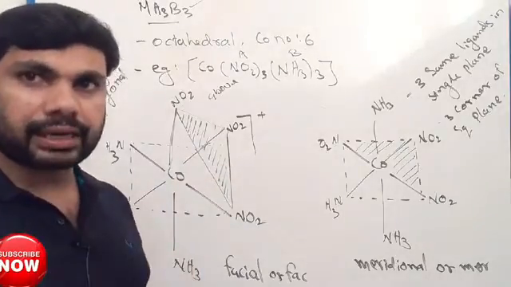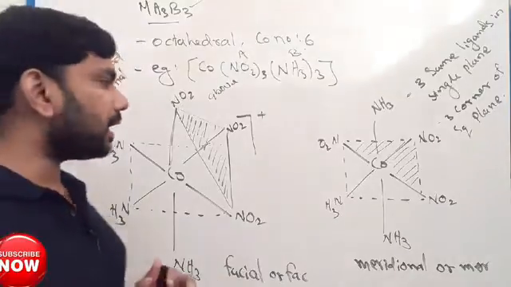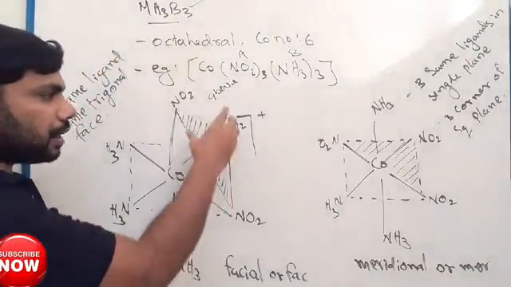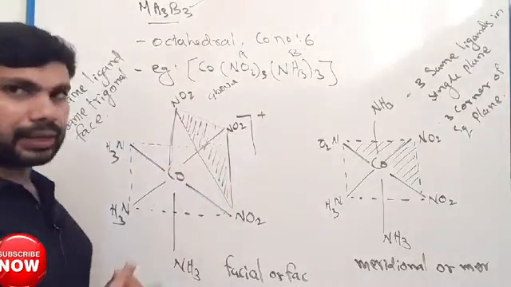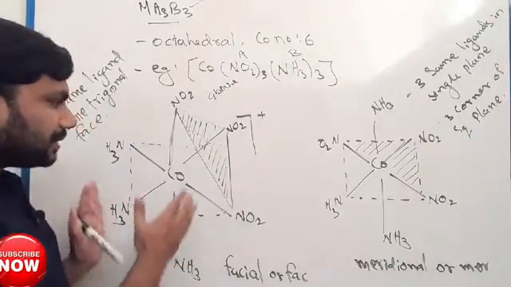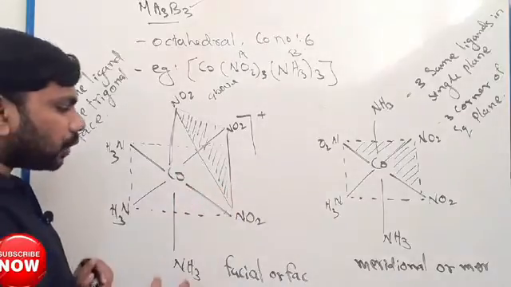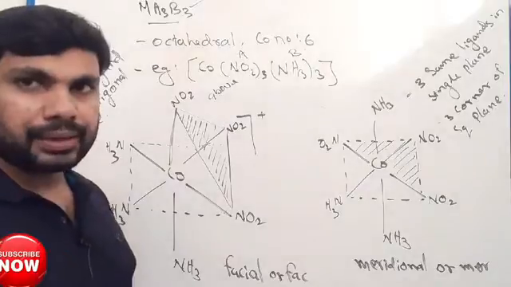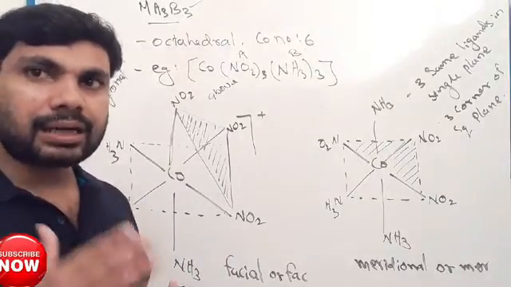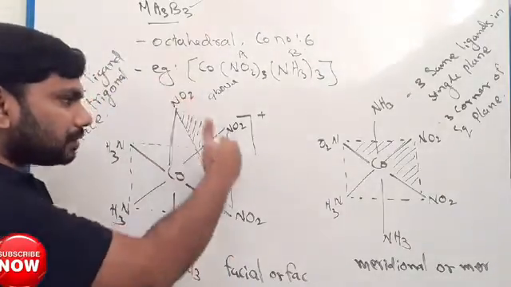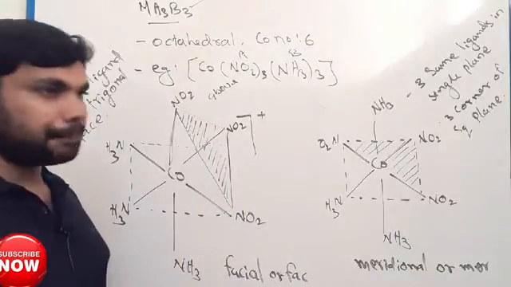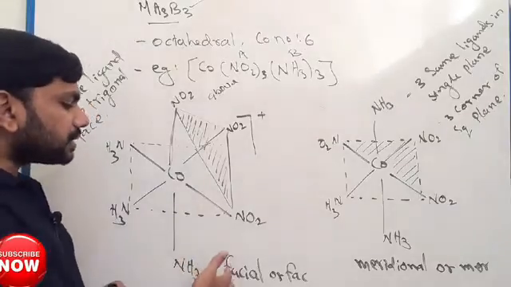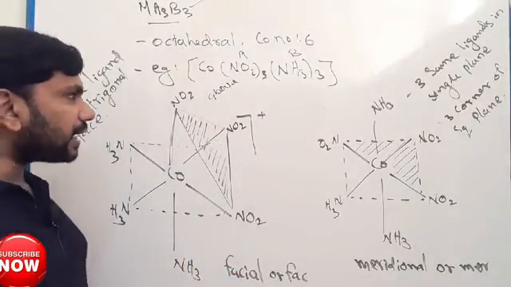Same triangle, each part has the same type of ligand. That's why this type of isomer is called facial isomer, or FAC isomer. Same type of ligands are coming on the same triangle face. Each corner will have the same type of ligands, that is the facial or FAC isomer.